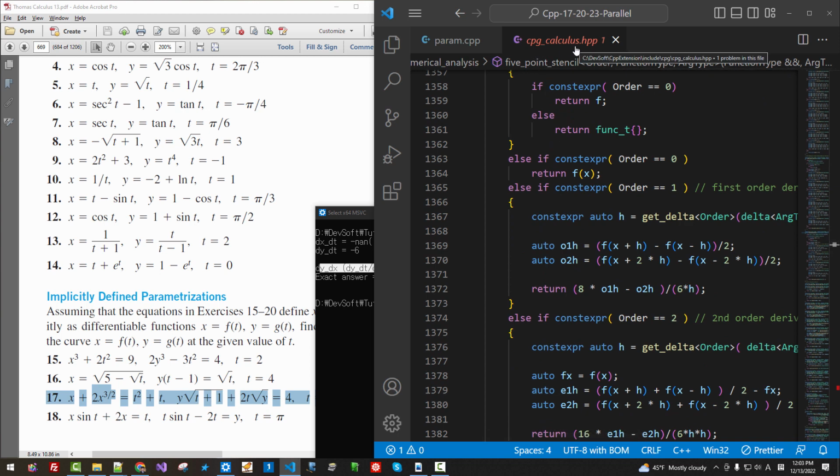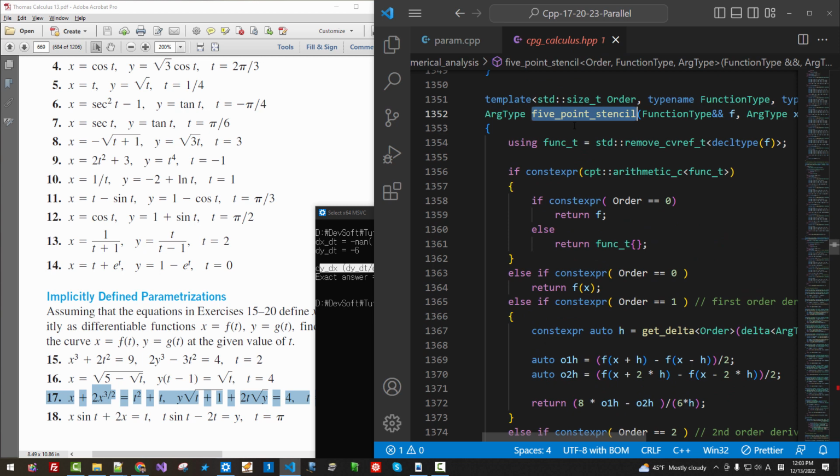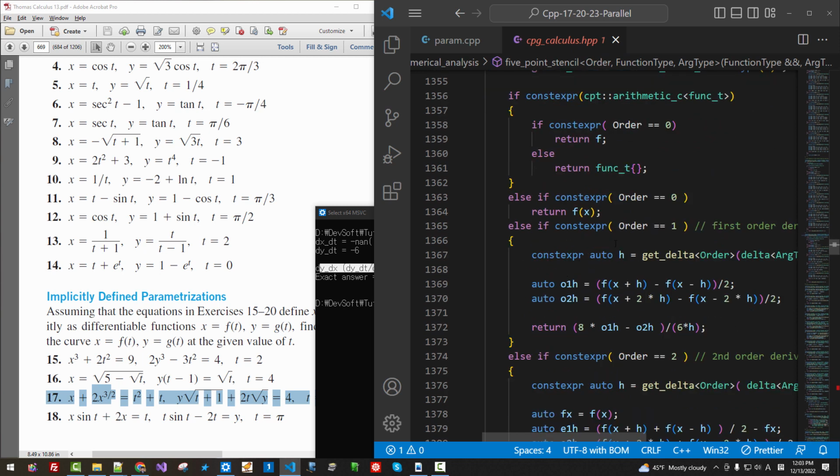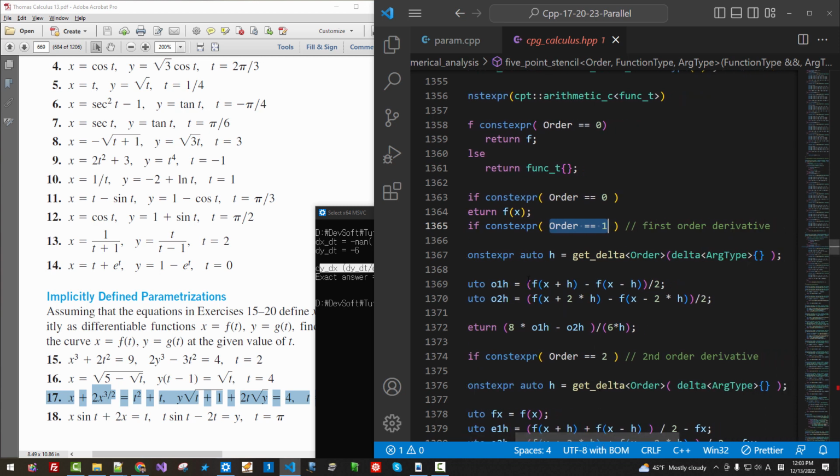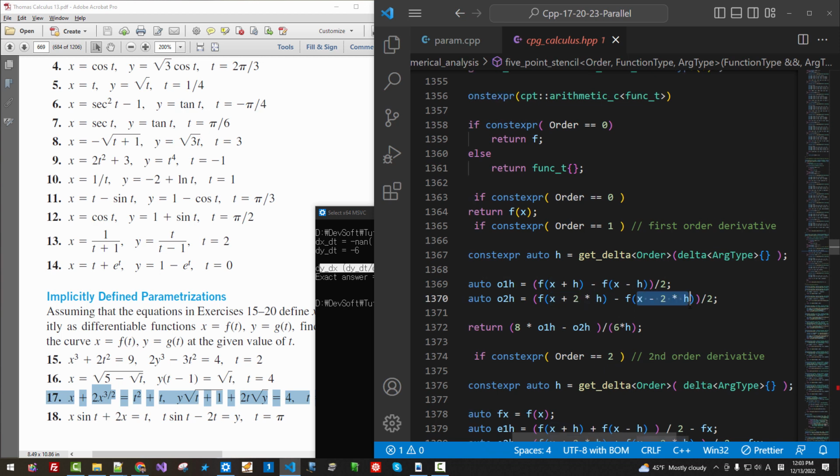CPG calculus. In 5-point stencil, in case of first order derivative, we call function f at x plus h, at x minus h, at x plus 2h, at x minus 2h, so 1 point, 2 point, 3 point, 4 point.